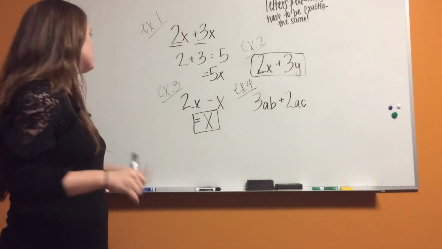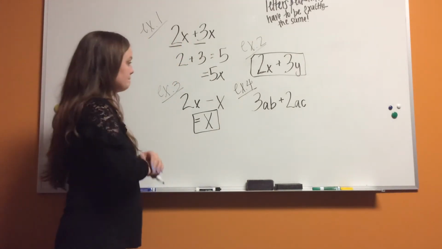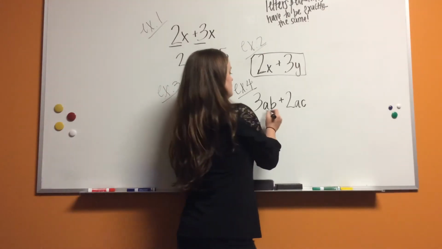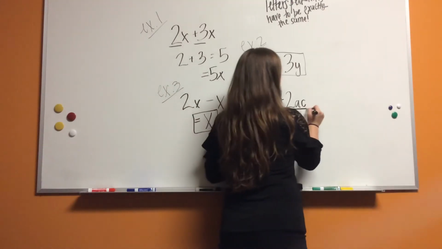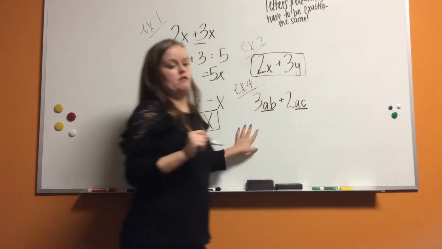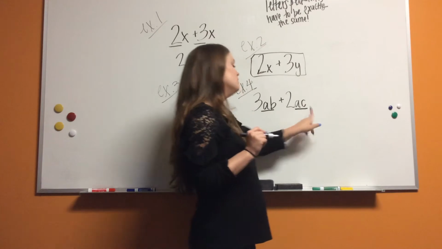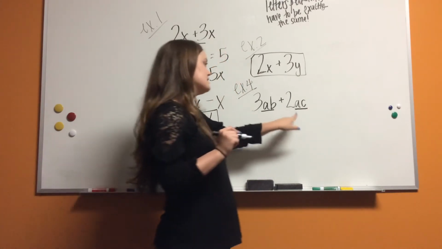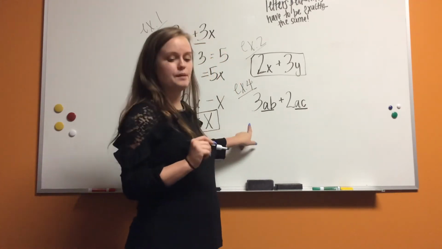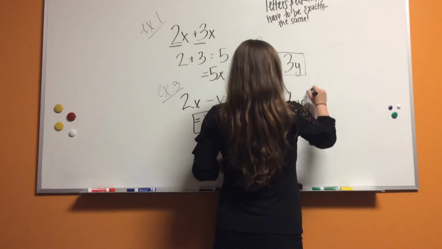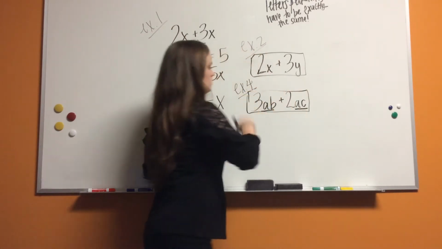Alright, so what do you think we would do in this one? Actually, in this one, both of the letters, even though there's a there, it has to be the same. So even though it's AB plus AC, this is as simply as we can write this one, okay?